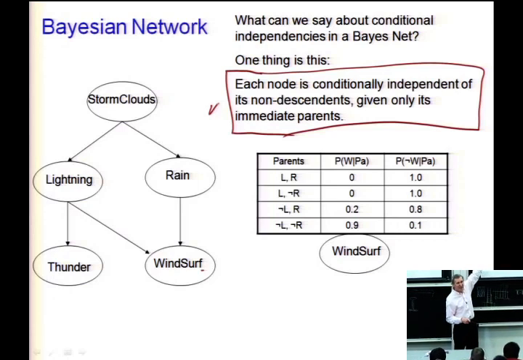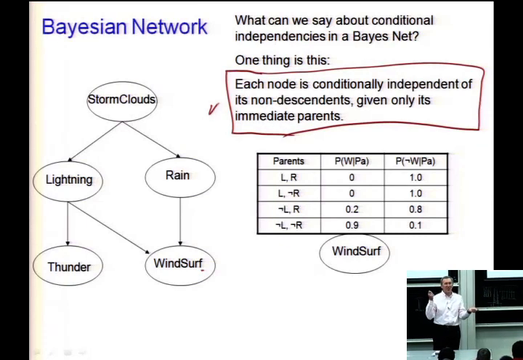That's your point? But that was actually the example we used when we introduced the notion of conditional independence. Oh, no, we didn't use windsurfing. Sorry, we said thunder is conditionally independent of rain given that there's lightning.